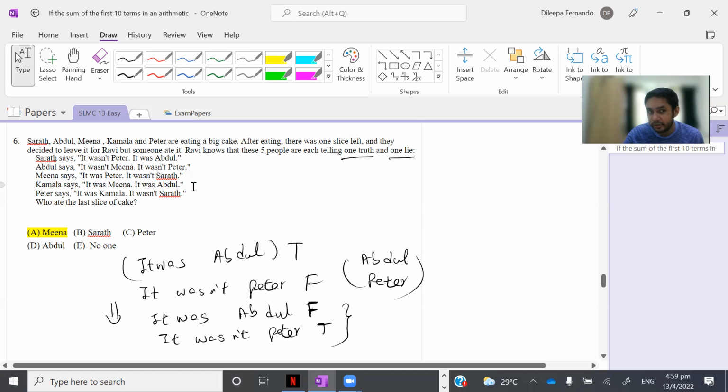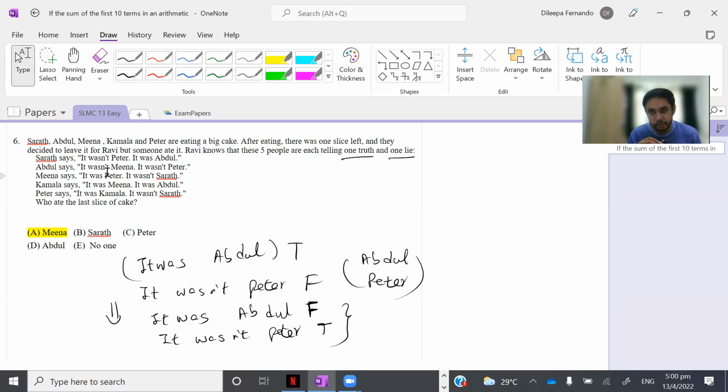In that case, you know that exactly one is true, and that means you find two people, so your set of suspicion, your set of possible answers, becomes smaller.